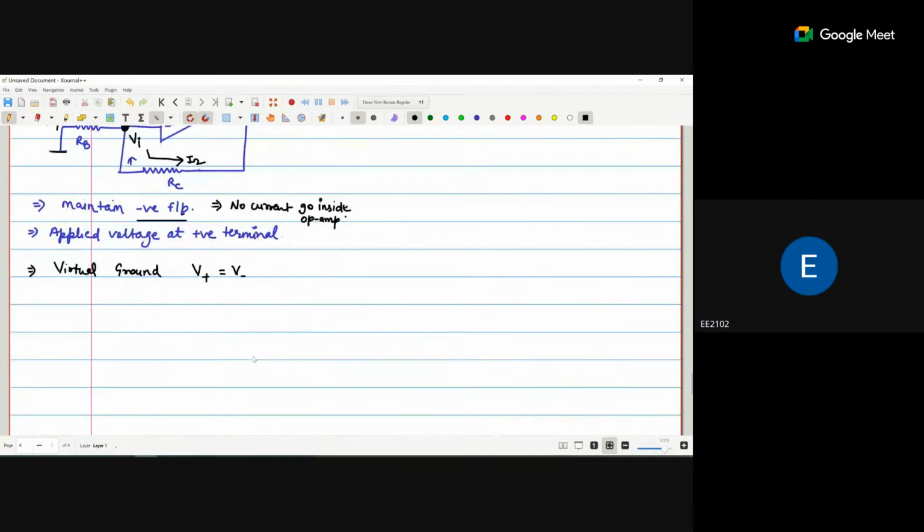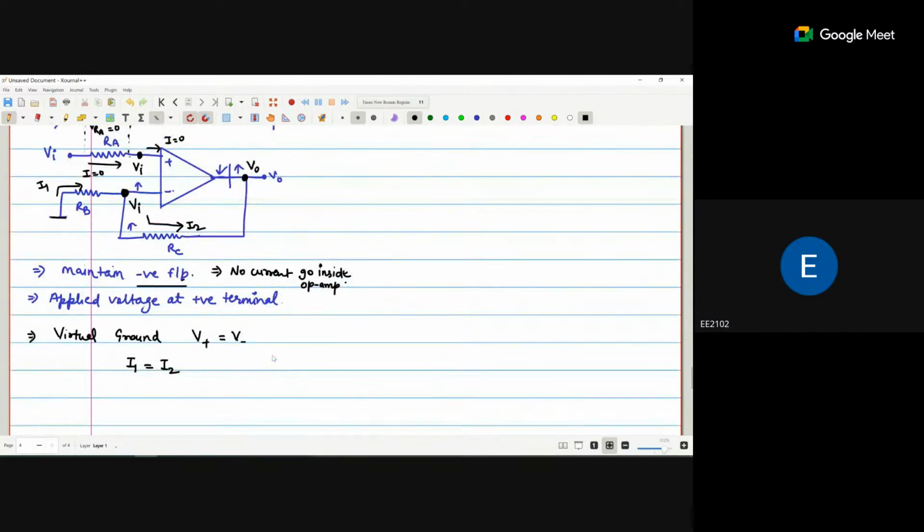So at node Vi, the incoming current I1 is equal to outgoing current I2, because there is no other path. There is one path, but we already said that the current inside the op-amp is 0. So that means this path current is 0. So the incoming current that is coming from ground through RB will pass through RC completely. So I1 is equal to I2.